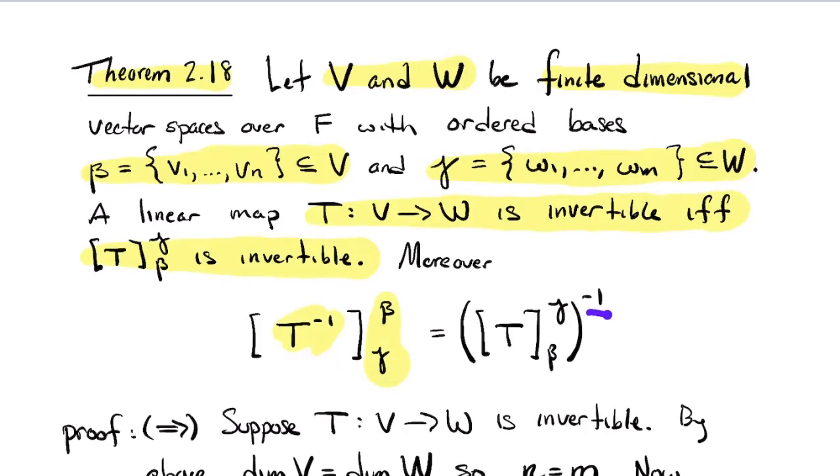It's just the inverse of the matrix of T in the beta gamma basis. Okay, so if I said this out loud, instead of symbols, it's saying that a linear map is invertible if and only if its matrix is invertible. And the matrix of the inverse is the inverse of the matrix.